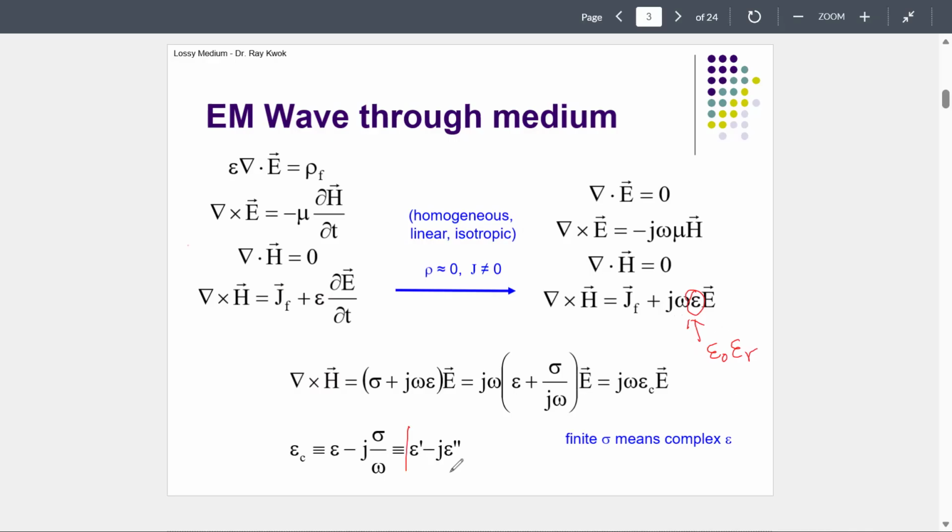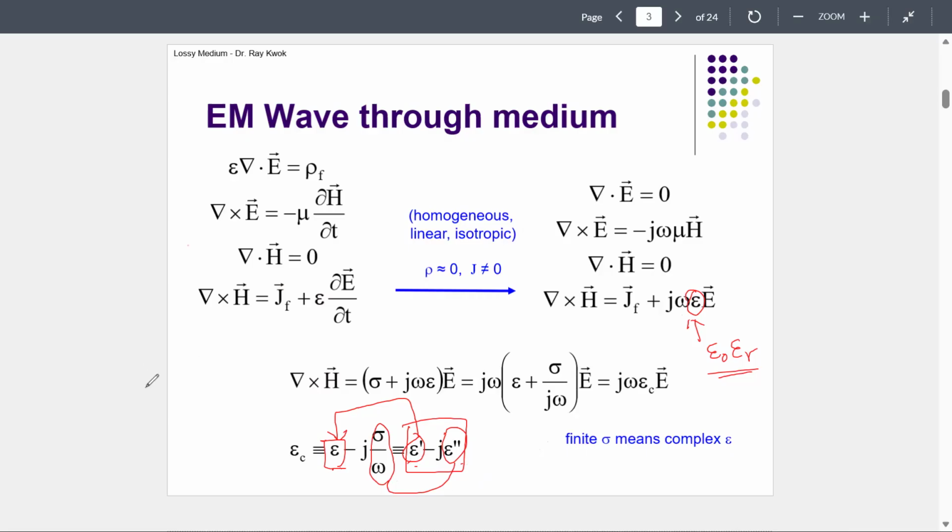But now when we write this as epsilon prime, epsilon double prime, what does that mean? Well, epsilon prime is the real part of the complex permittivity, which is exactly what we had before, epsilon times epsilon r. So epsilon and epsilon prime are the same. Epsilon double prime is nothing more than sigma over omega. Are you with me? Epsilon double prime is the imaginary part of this complex permittivity, but by itself it's not an imaginary number, it's a real number, right?